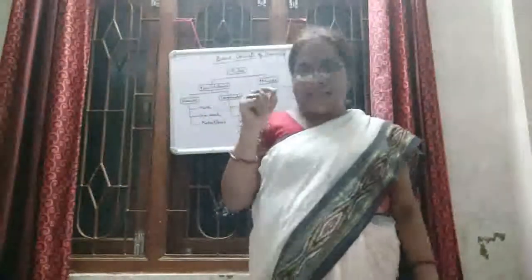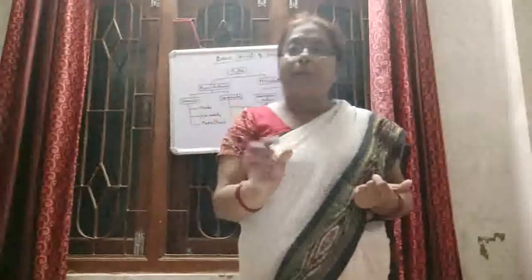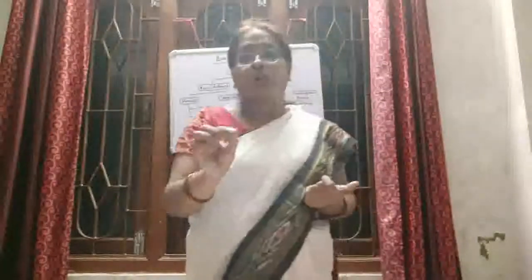Then material: any type of matter is material. So we can say that cement, paper, glass are materials, and book, pen are materials. So we can say that all materials are matter, but all matter is not material. So this point should be noted.